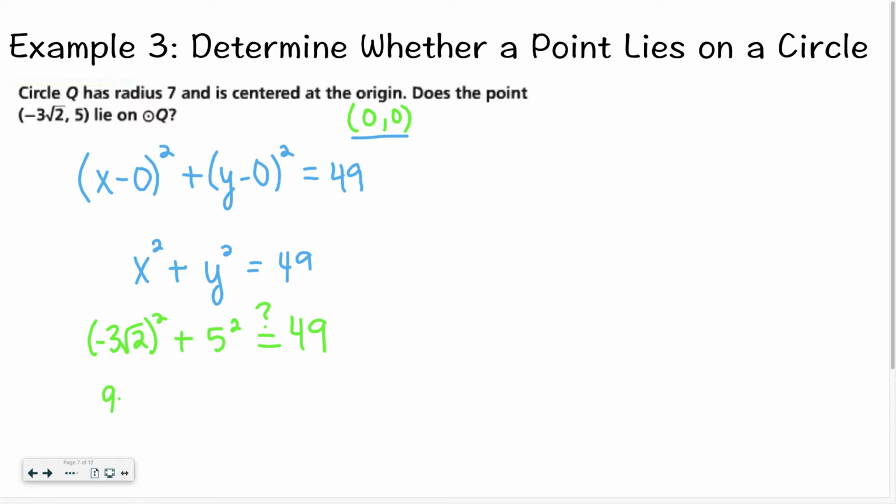The square root of 2 squared is 2. So I have 9 times 2 there, which is 18. And then 5 squared is 25. So 18 plus 25 is 43. So that does not equal 49. So it does not lie on the circle.